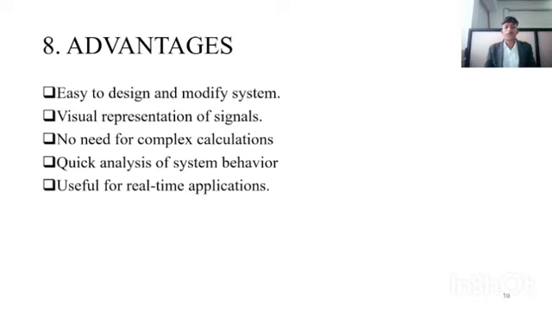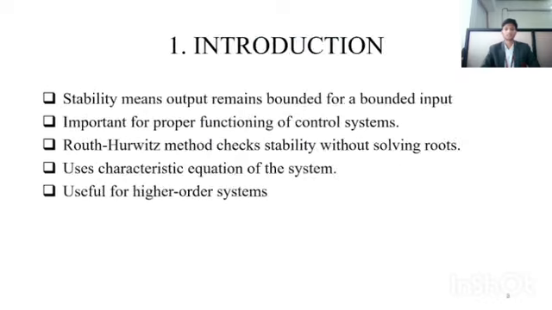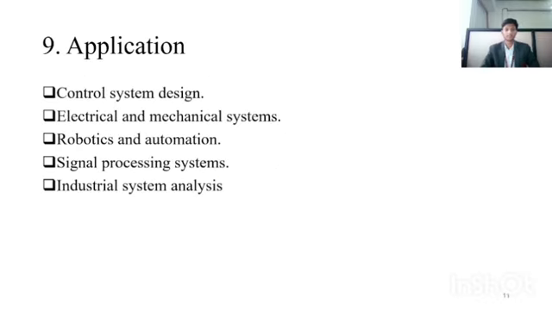System analysis, checking the stability of high order characteristic equations without complex root finding calculations. Robustness check, analyzing how parameter variations affect stability margins. Frequency analysis, identifying the frequency of oscillation for marginally stable systems using the oscillatory methods.